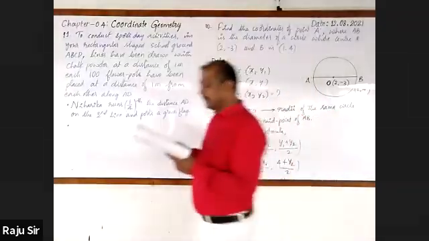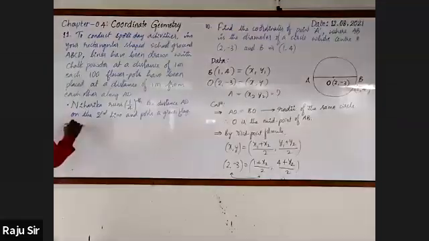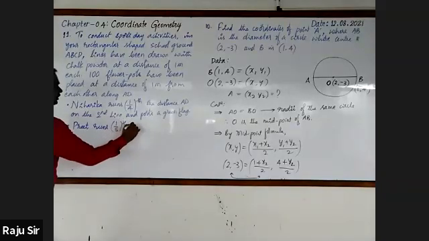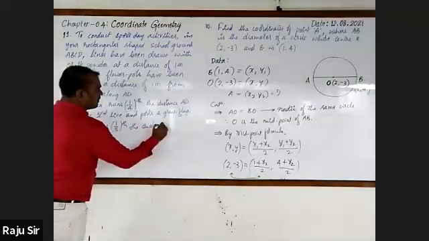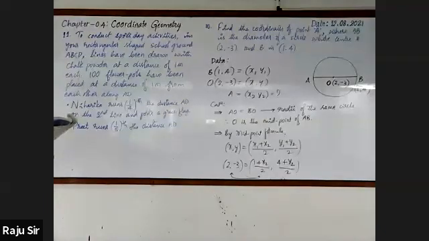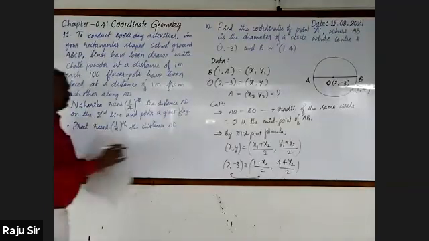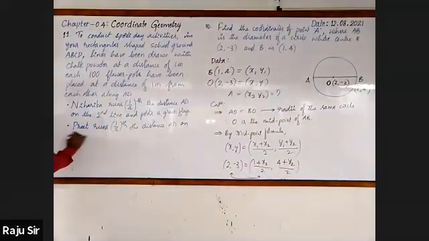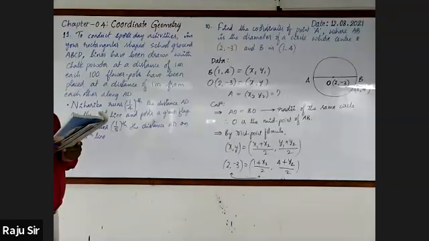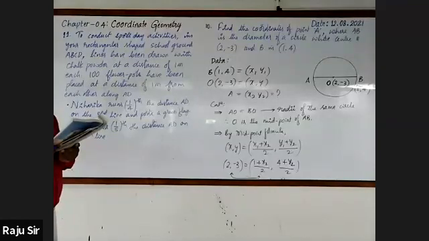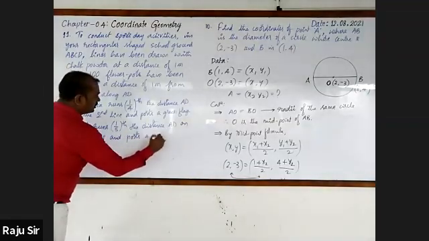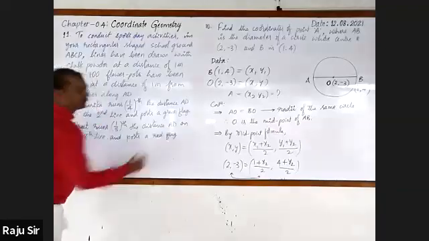Then Preet runs 1/5 the distance AD on the 8th line and posts a red flag. Full stop.